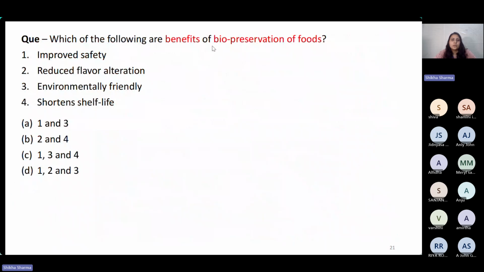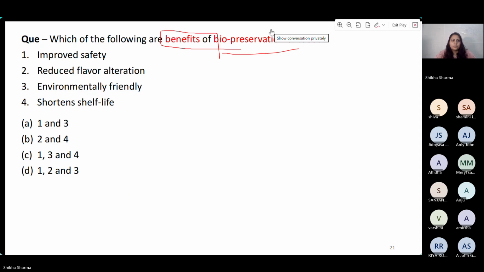Okay, so we need to tell what the benefits of biopreservation of food are. Is it improving the safety, reducing flavor alterations, being environmentally friendly, and shortening the shelf life?